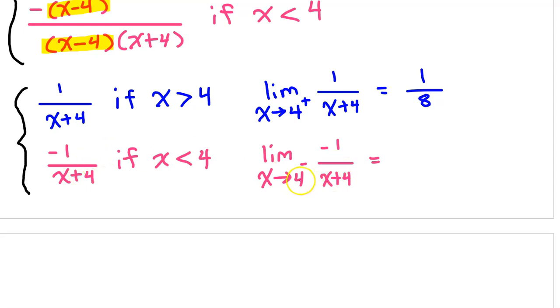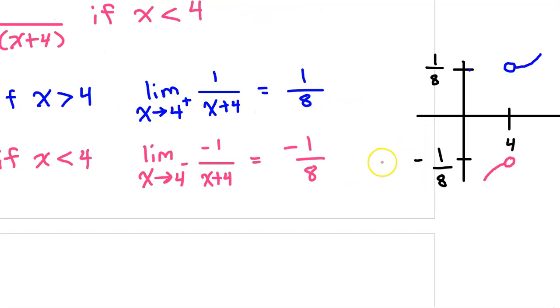We can again find this limit by direct substitution, but this time we get negative 1 over 8. As x approaches 4 from the left, f of x is approaching negative 1/8. As x approaches 4 from the right, f of x is approaching positive 1/8. This is a jump discontinuity, a non-removable discontinuity.